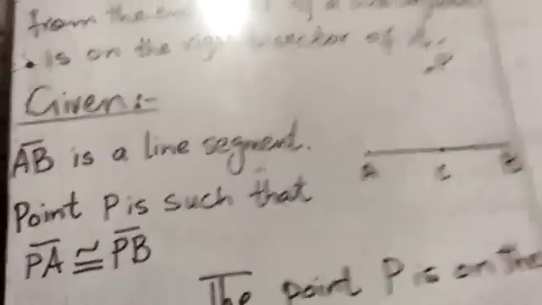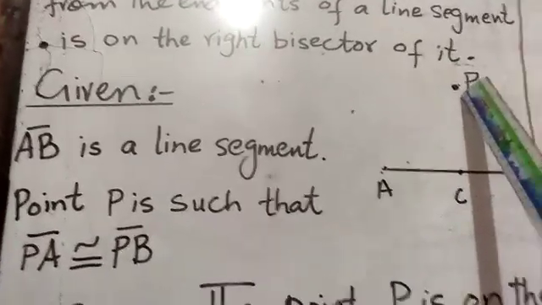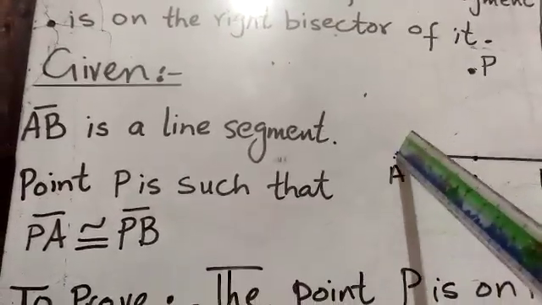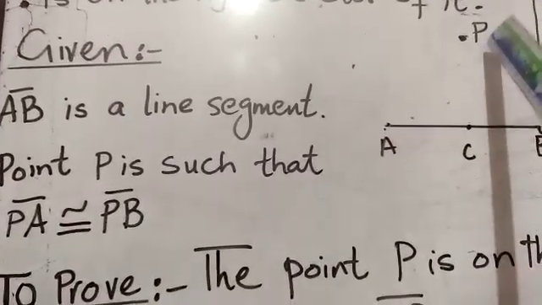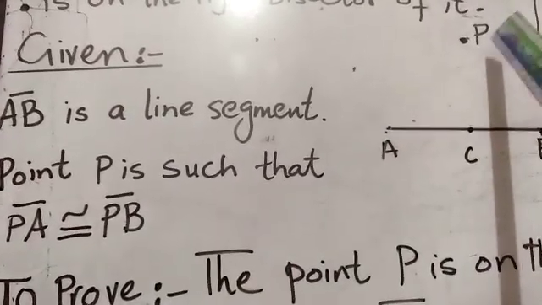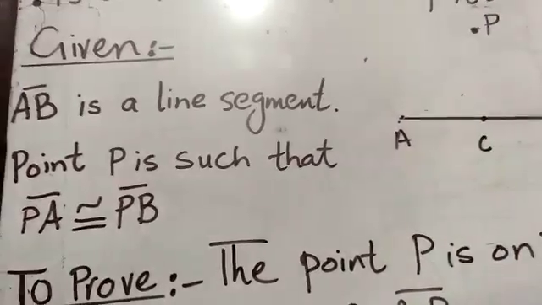Like this, P is the point. It is equidistant from A and B, and we will prove that P is a point of the line which is the bisector of this line segment AB.